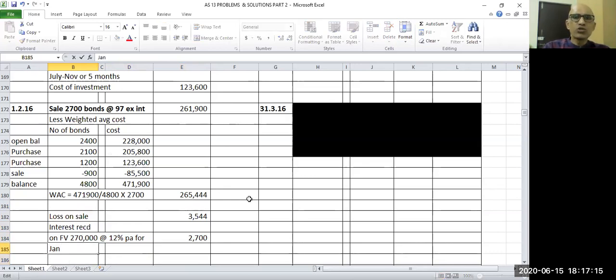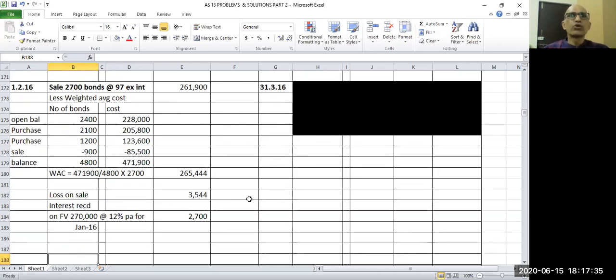On which balance? You will receive the interest on face value of 2,700 bonds, which is 2,70,000 at 12% per annum for a period of 1 month. The interest comes to 2,700 rupees, which you will receive separately.